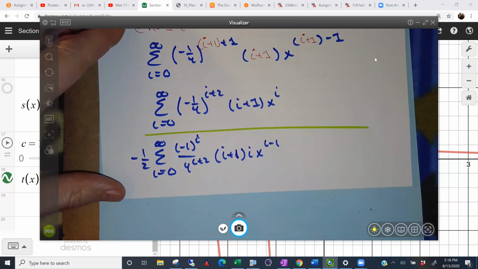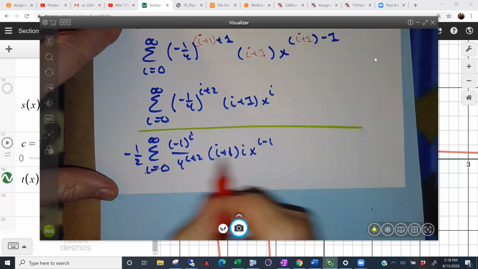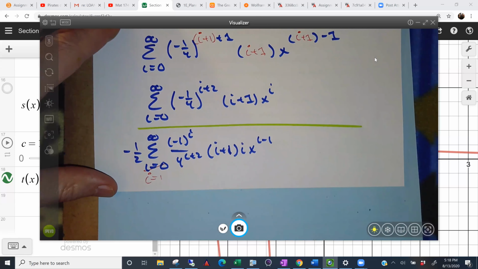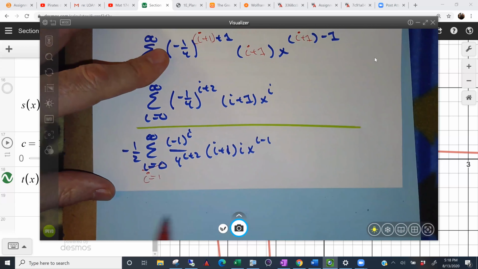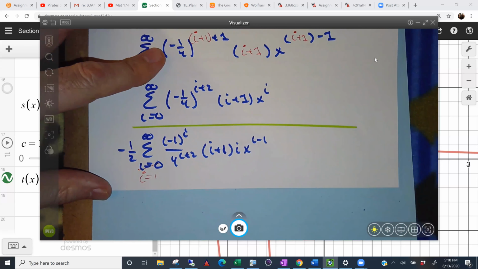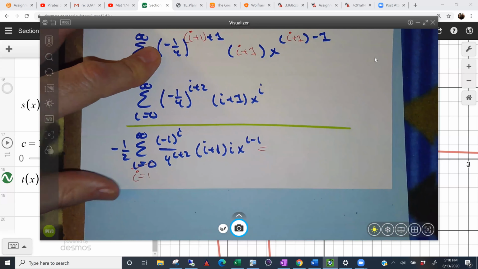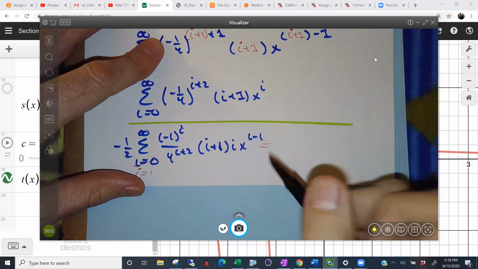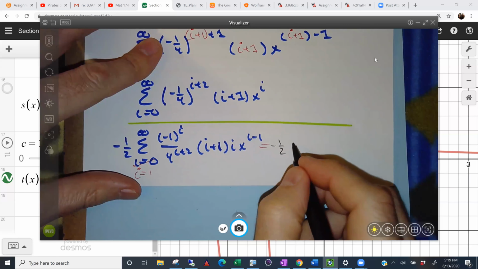Now, if you look at this, you might notice that at I equals 0, this term disappears. So you might as well start the series at I equals 1. But then, for whatever reason, you decide, you know what? I want to start this series at I equals 0 or something equals 0. So we can make a little substitution. And if you make this substitution, you can rewrite your equation like this. If you want to, hit the pause button and try and quiz yourself.